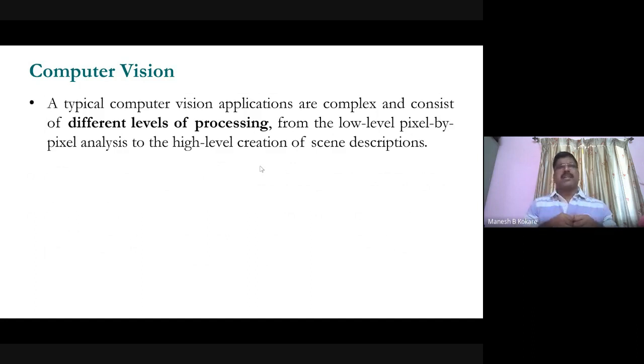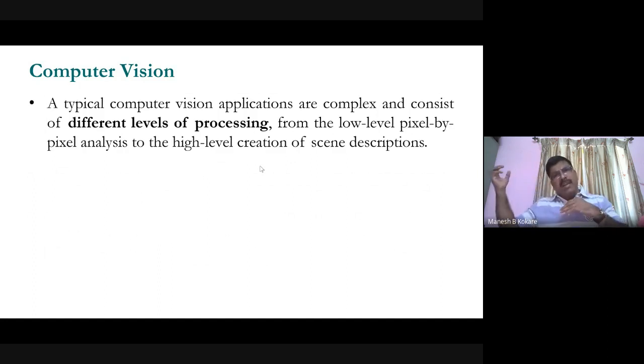We'll see the exact difference between low level, mid level, and high level computer vision. In low level, you are just doing processing at pixel level. Then in mid level, you are extracting some information from it.